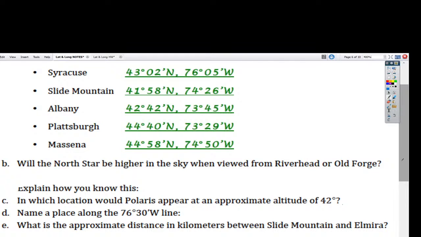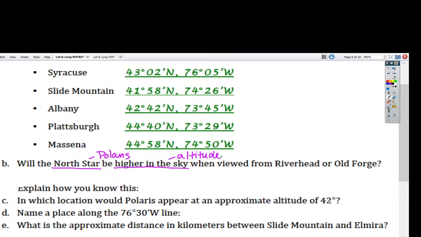Okay, so I'm going to be starting with B. B says, will the North Star be higher in the sky when viewed from Riverhead or Old Forge? The North Star is also known as Polaris. When I ask if it's higher in the sky, I'm talking about the altitude of Polaris.